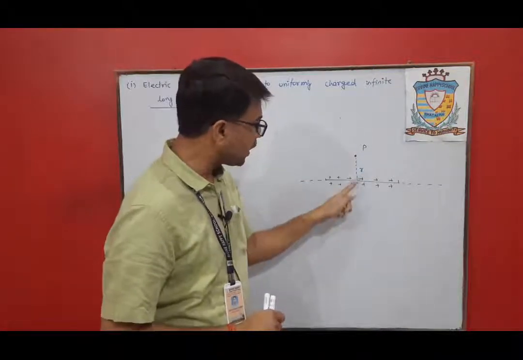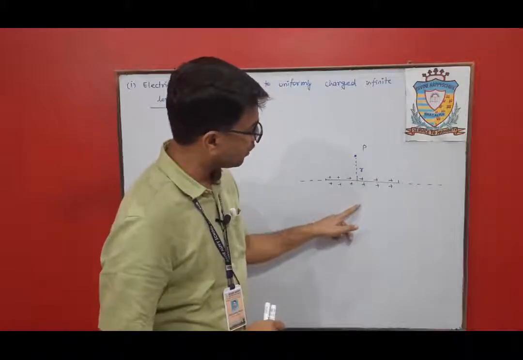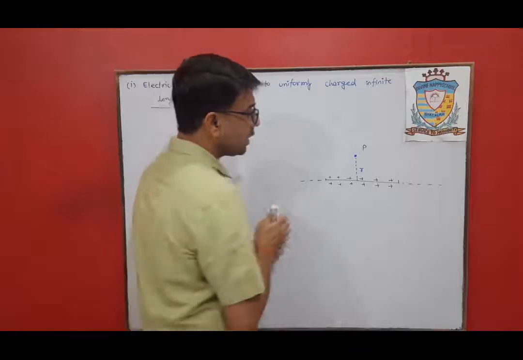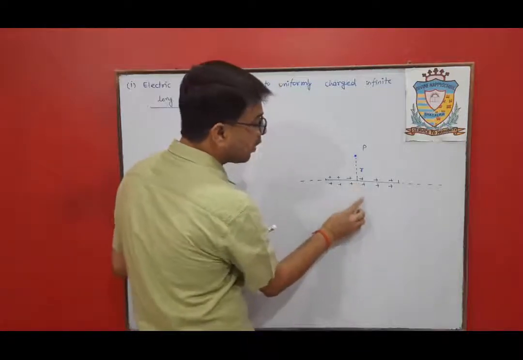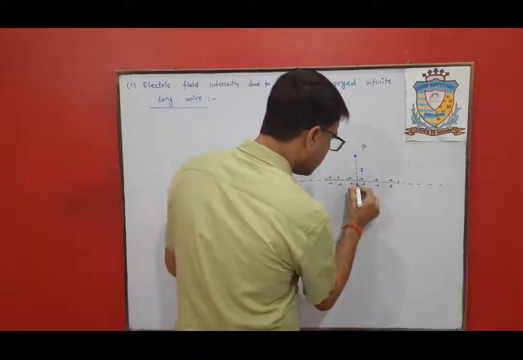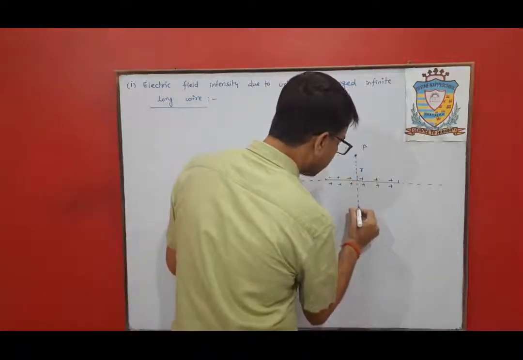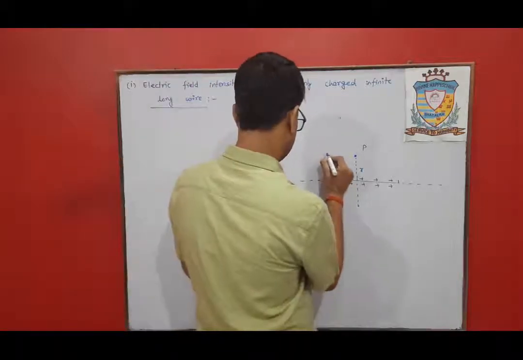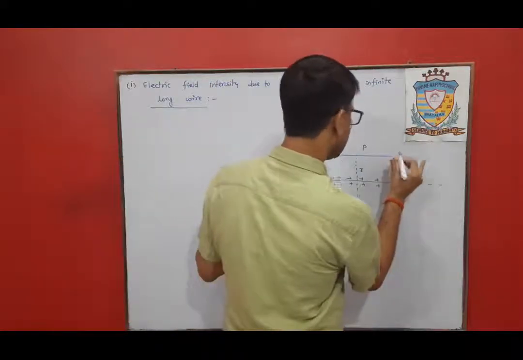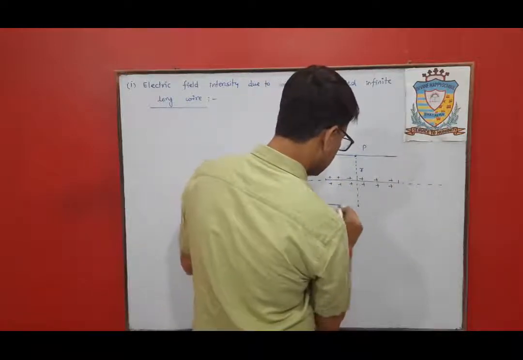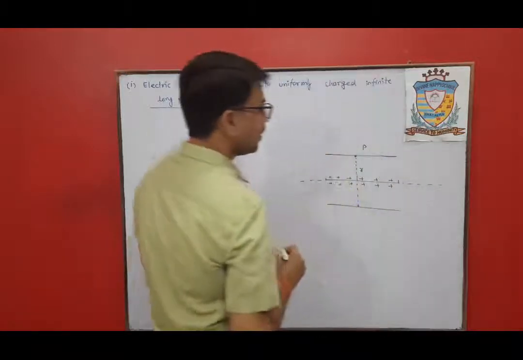Similarly we will take a symmetrical point at a distance R from this line, and now we can draw a cylinder.